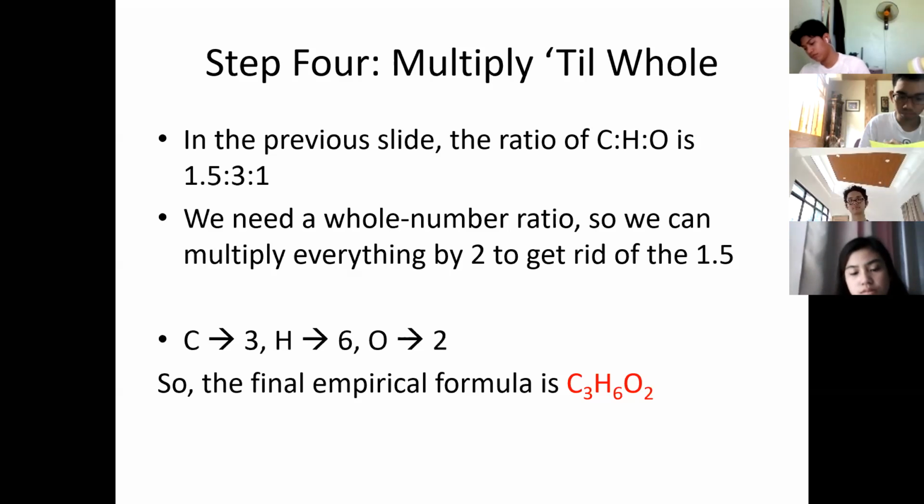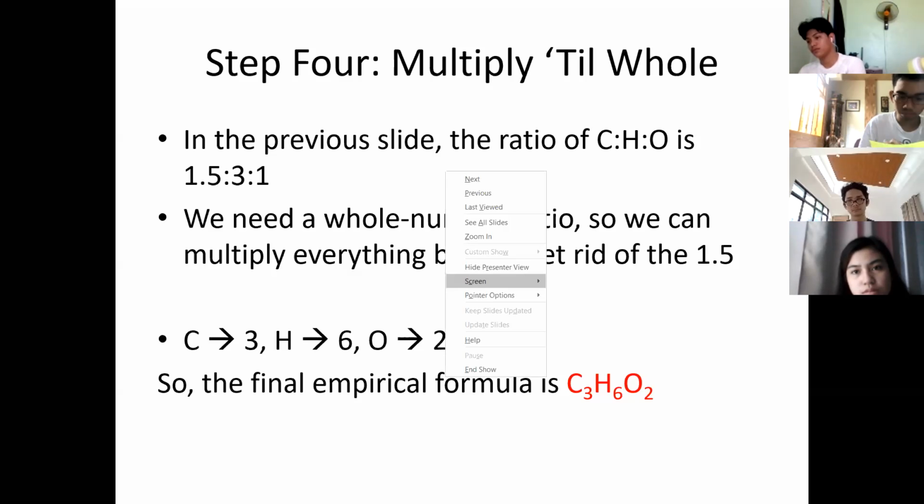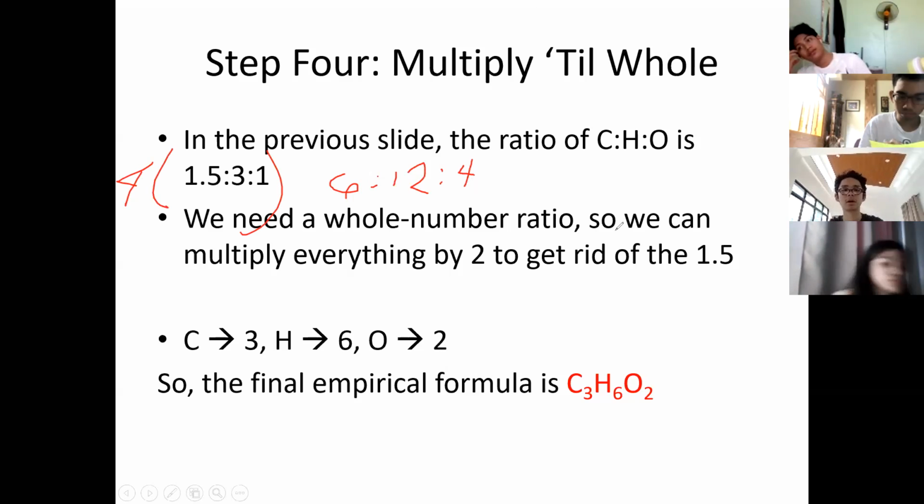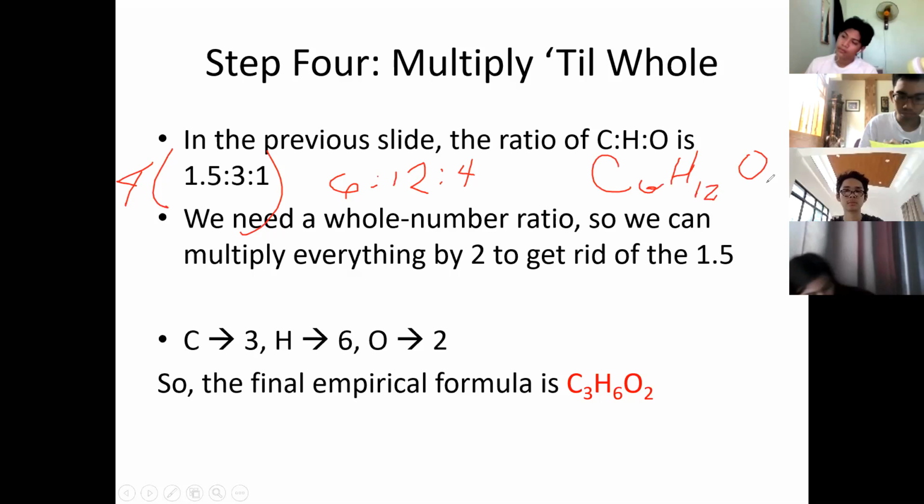Let's try to multiply every value here by 4, class. Now, if you multiply this by 4, what is the result? 6, 12, and 4. So if that is your formula, C6H12O4, is this an empirical formula?